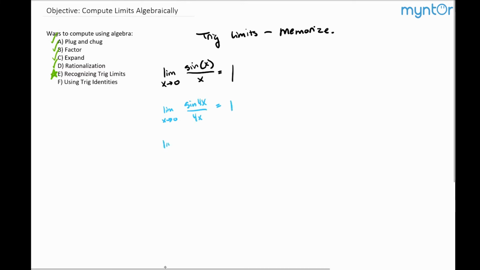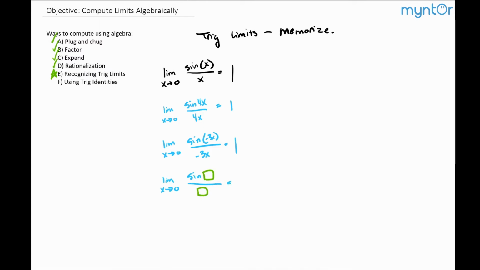If we take the limit as x approaches 0 of sine of negative 3x divided by negative 3x, this is going to be equal to 1. And so the point is, if we are taking the limit as x approaches 0 of sine of something in that box divided by that same thing, this is going to be equal to 1.